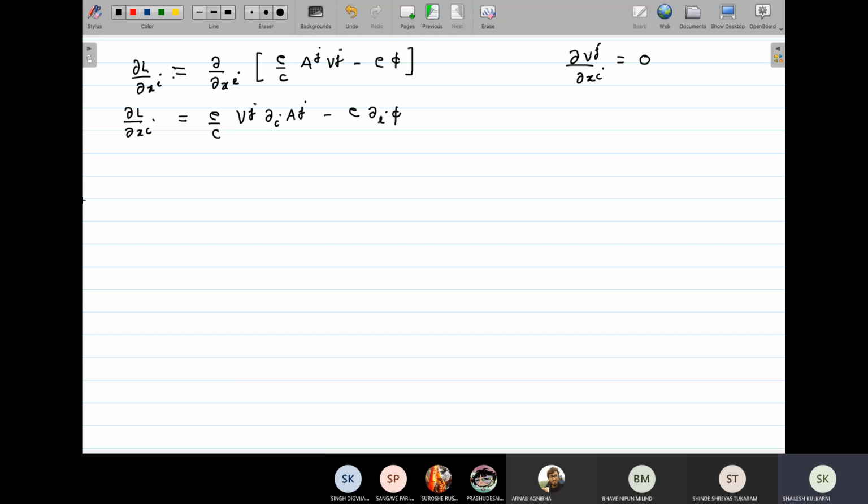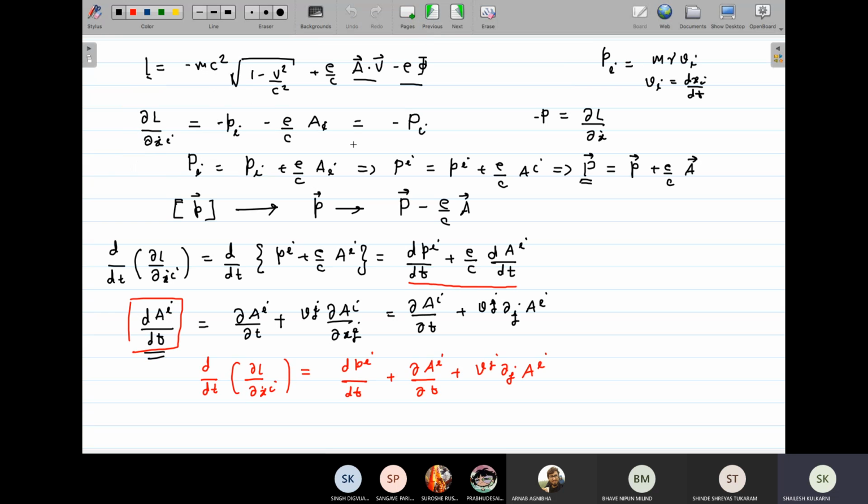Is that clear? Therefore, the Euler-Lagrange equation, that is d/dt of ∂L/∂ẋ_i minus ∂L/∂x_i, is equal to what?